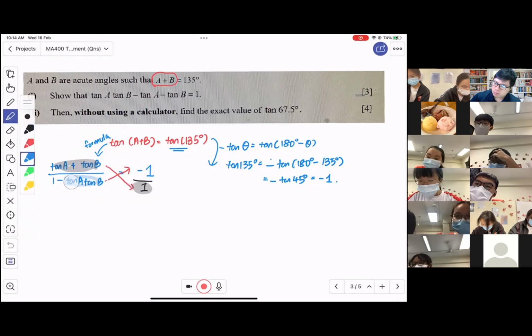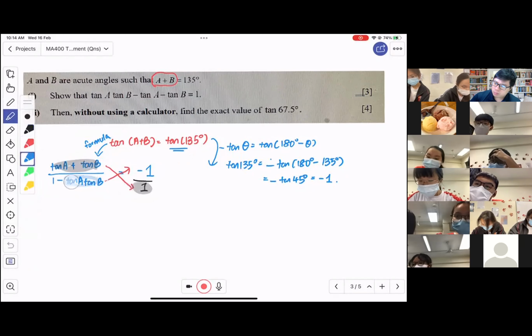You can see that I have tangent A plus tangent B on the left, equal to, if I take 1, tangent A tangent B minus 1. Because I multiply by negative 1, you can see I'm almost there already.